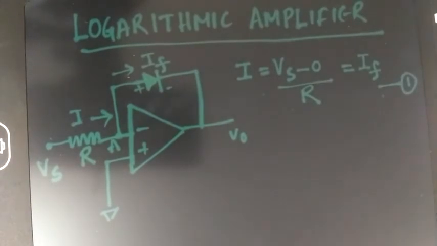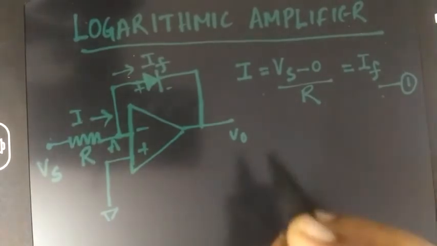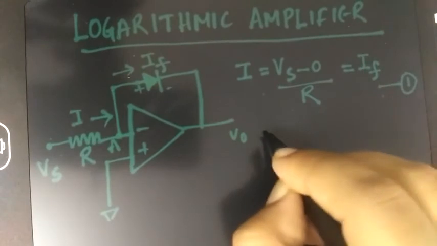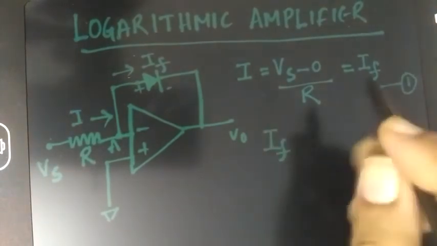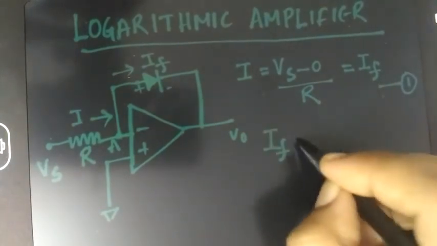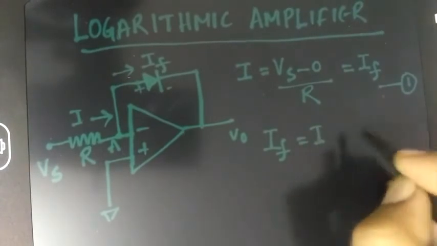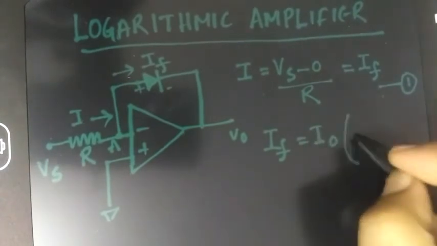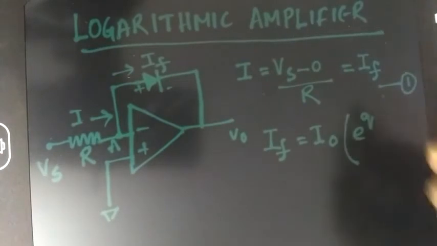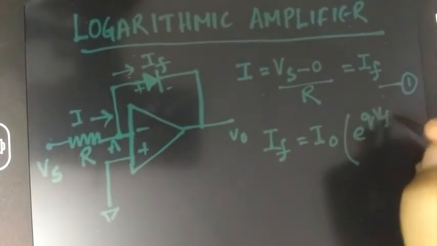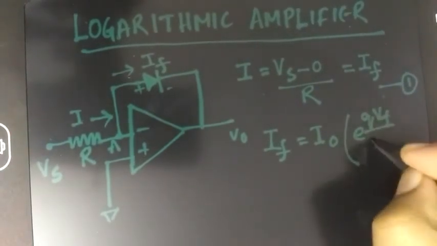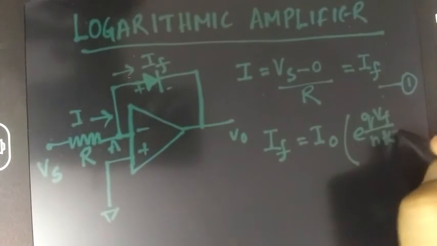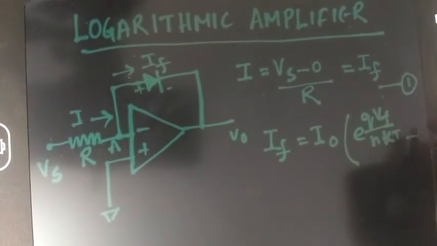Now again, we know the forward biased diode current relation, which is a very famous relation: e to the power q Vf by nkt, minus 1.